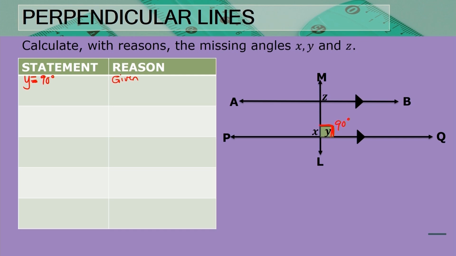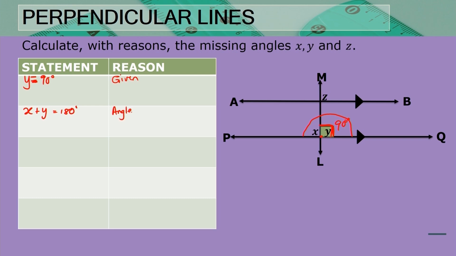Now, how are we going to use our other knowledge of angles to calculate X and Z? So let's look at X first. When we're looking at X and Y, they are on a straight line and they also share a common vertex. What does this mean? It means that X plus Y is equal to 180 degrees.